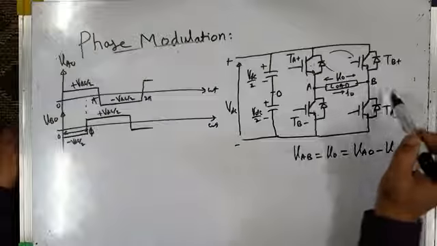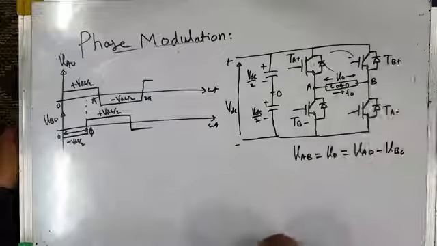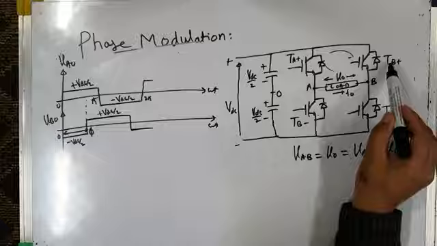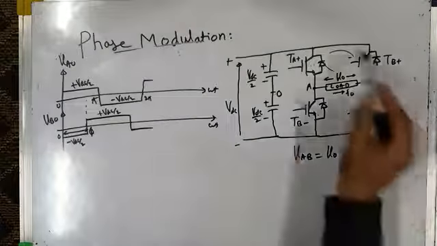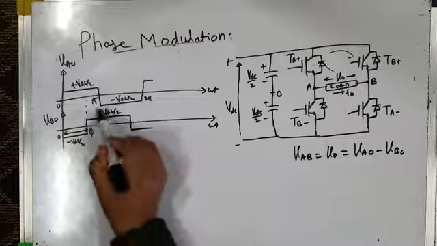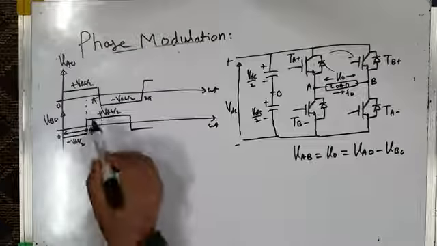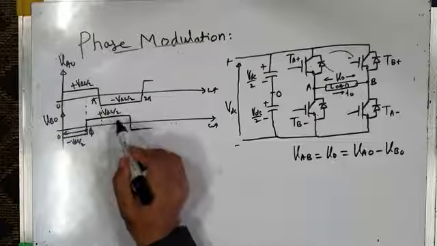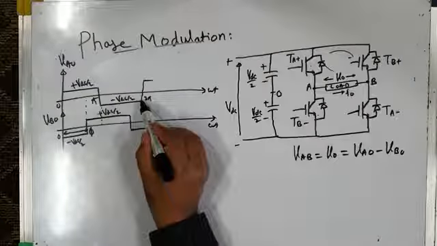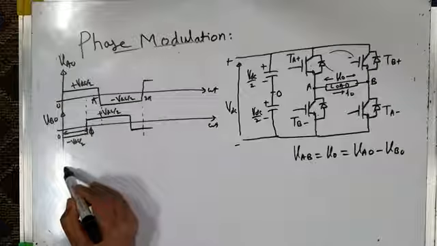That is possible when this is turned off and TB plus is turned on. When TB plus is turned on, B gets connected to the positive bus, and VBO becomes plus VDC by 2. Then it remains plus VDC by 2 until pi plus phi, and then it becomes again minus VDC by 2 and so on.